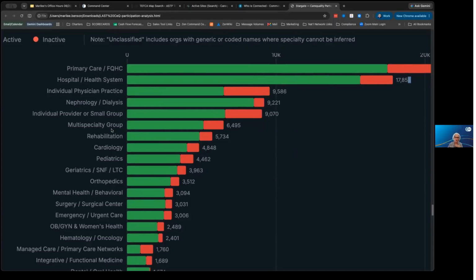And then we drop down, and what I think was kind of amazing is that just by looking at the name of the entry, we were able to tell with pretty good confidence. Again, I wouldn't swear that these are 100% accurate, but it gives us a good sense, I think, of the relative distribution of different specialties among participants.